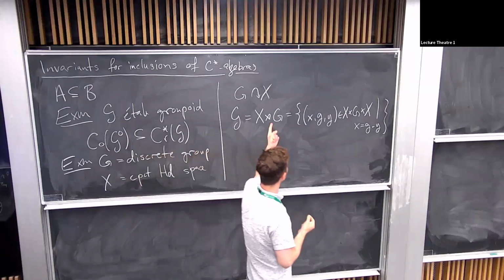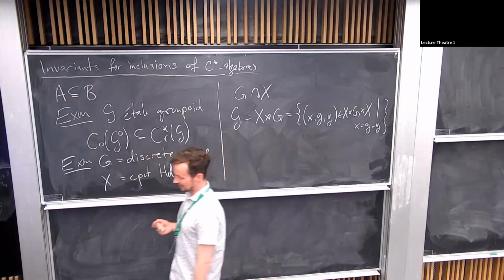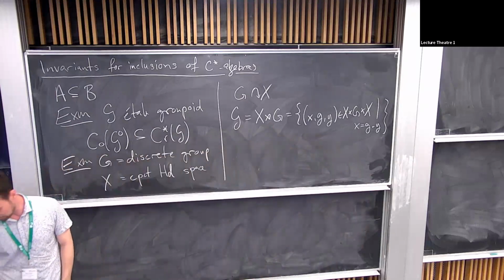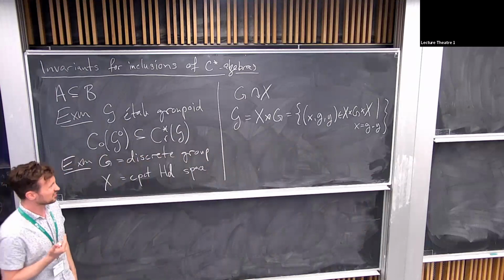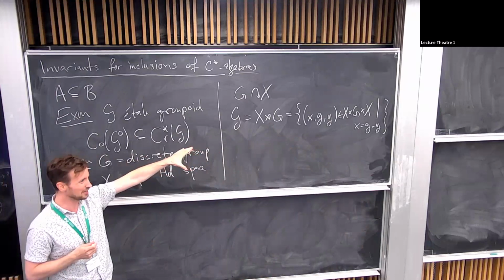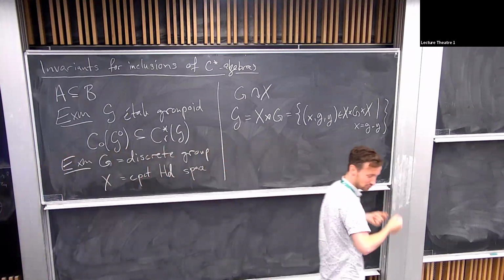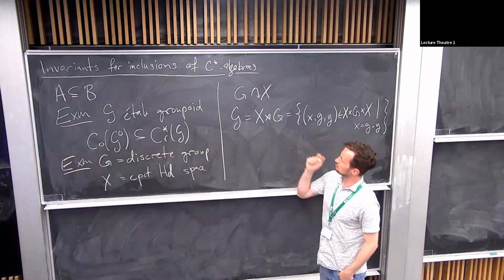I want to consider a different C-star subalgebra in this case. And one way of constructing this, I think very much in C-star theory, for me, I have to think in C-star algebras and then translate it into groupoid language, which is what I did when I was preparing the talk.